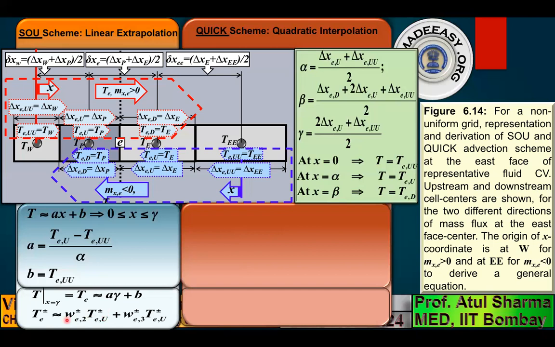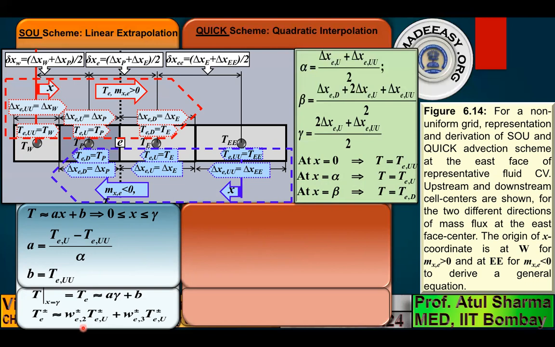Now this expression involves weights. For second order upwind scheme, you need only weights for upstream, which is represented here by W2, and upstream of upstream, which is represented here by W3. But note that this weight is given for a particular face, because for a non-uniform grid, the value of the weight varies from face to face.